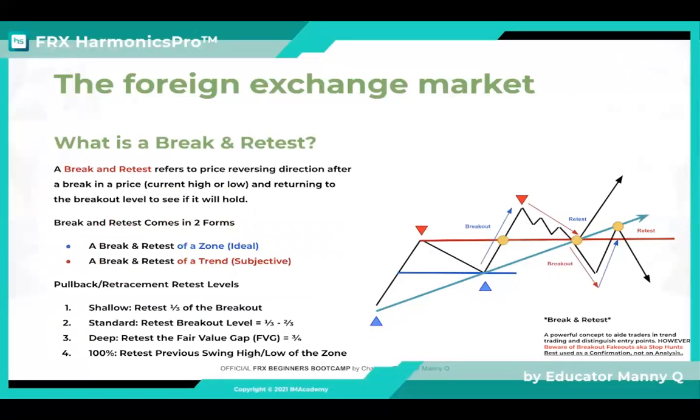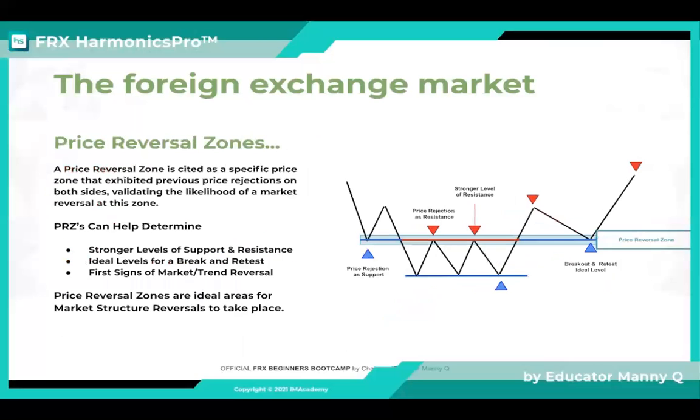Then we discussed the concept of break and retest when it's pulling back to those zones, how you can understand these pullbacks, how you can understand these retracements as the theory of breakout and retest, and the 4 different type of pullback and retracement retest levels that exist in the market when it comes to helping you predetermine an entry.